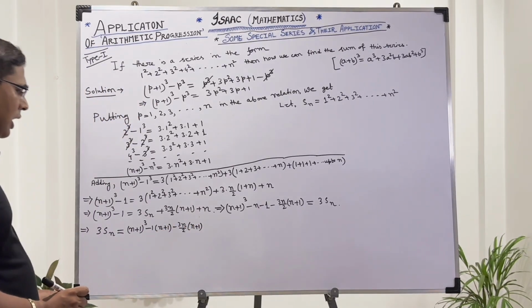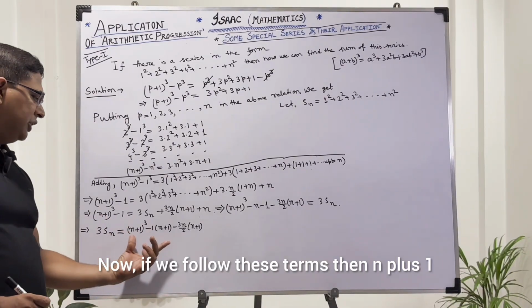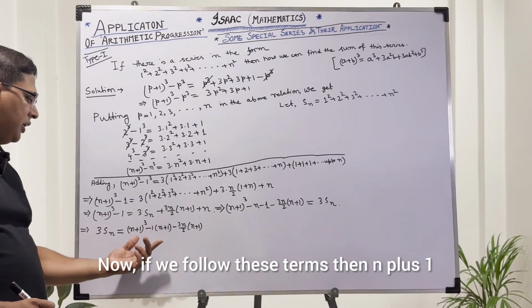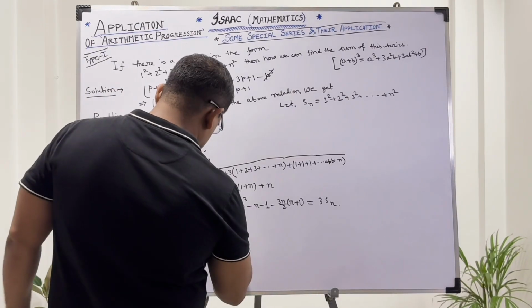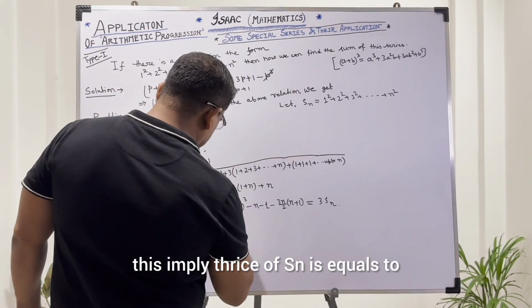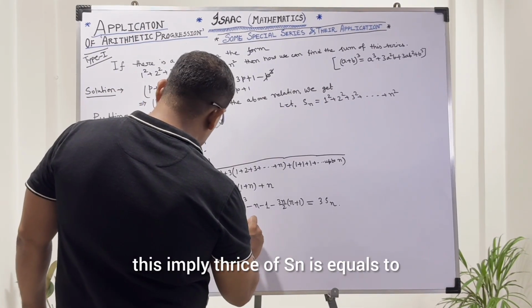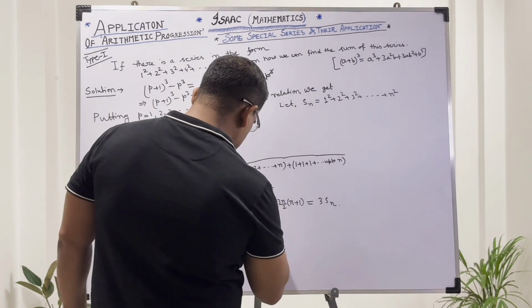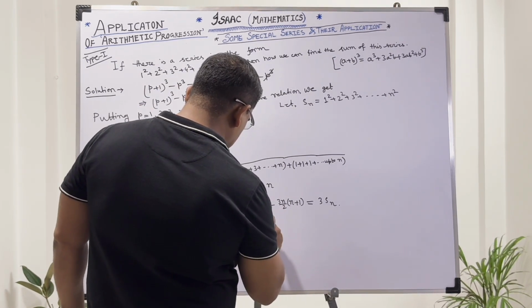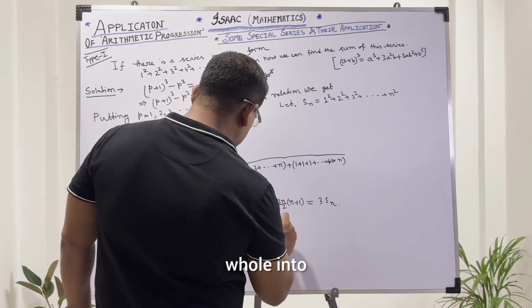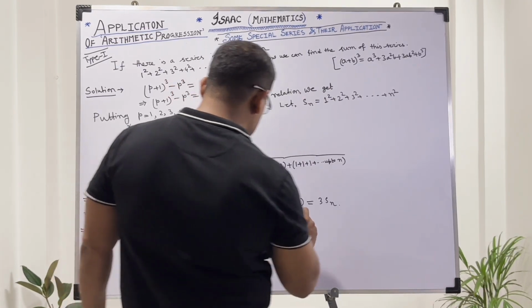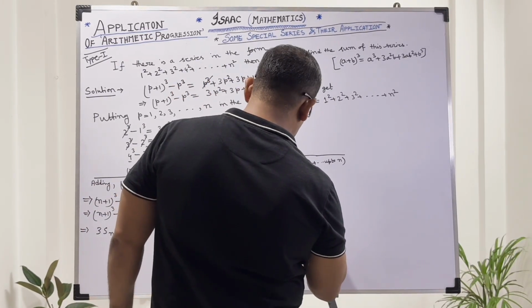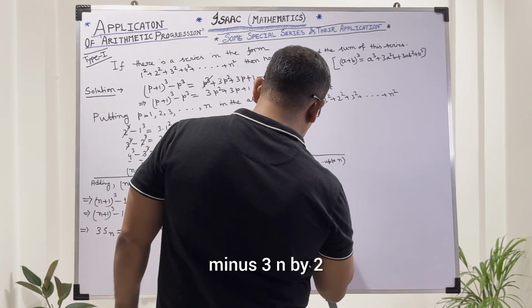Okay. Now, if we follow these terms, then n plus 1 is the common factor. This implies thrice of Sn is equal to (n plus 1) whole into (n plus 1) whole square minus 1 minus 3n by 2.